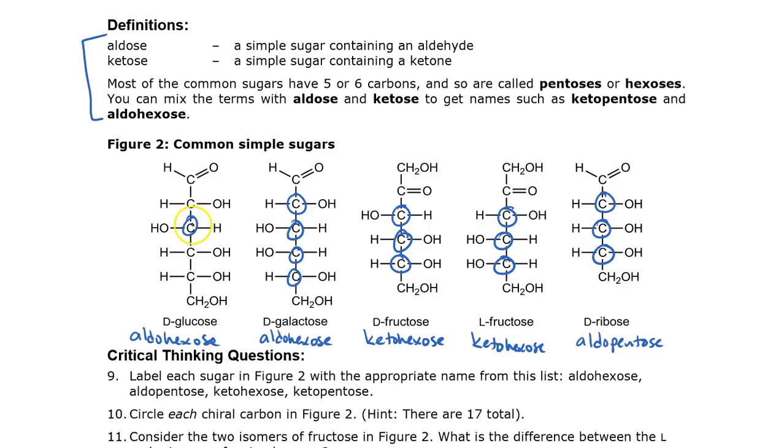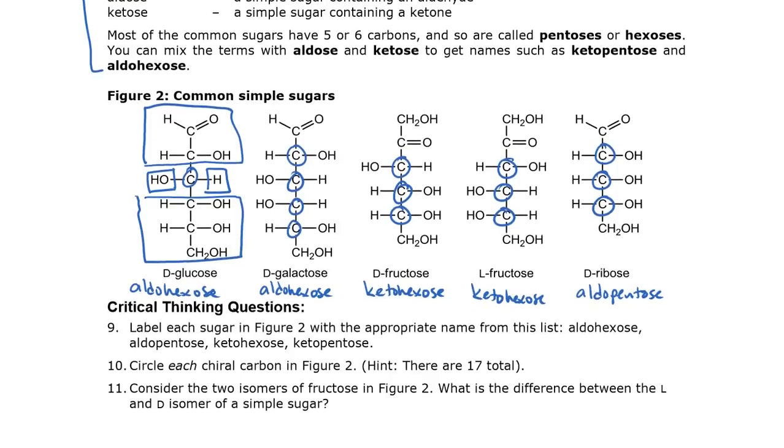If I'm looking at that carbon, then the 4 groups that I'm considering are the hydrogen, the OH, then everything at the top and everything at the bottom. Is everything at the top the same as everything at the bottom? No, they're different, so that's why that's a chiral carbon or a chiral center. See how that works? Great.